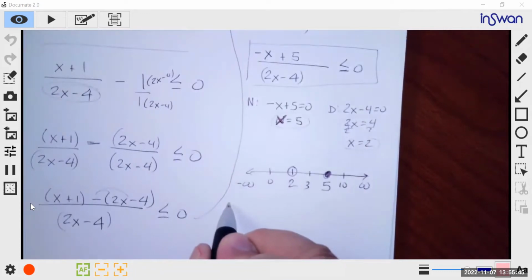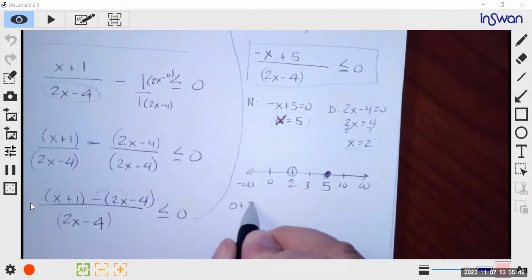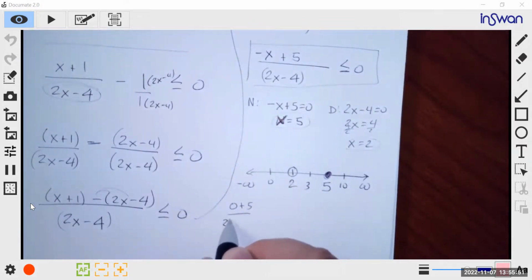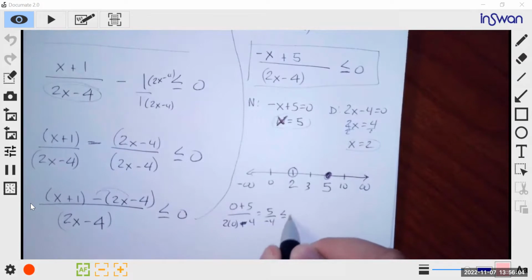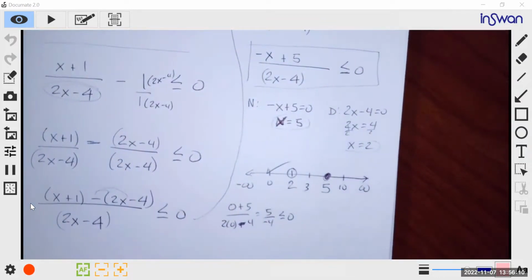So we're using 0. 0 plus 5 over 2 times 0 minus 4 is 5 over negative 4. Is that less than or equal to 0? Yes, because it's negative, so we can use that number.